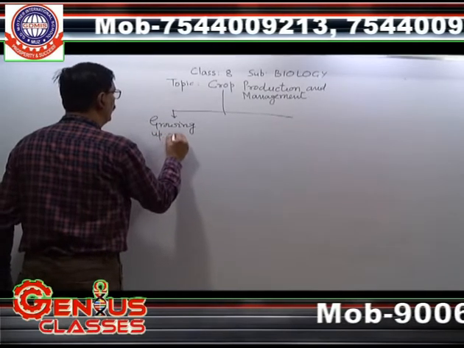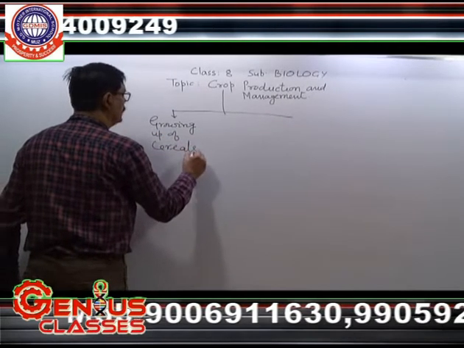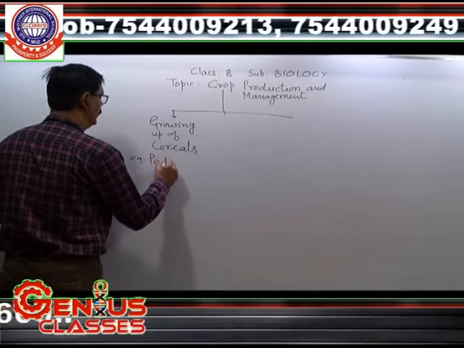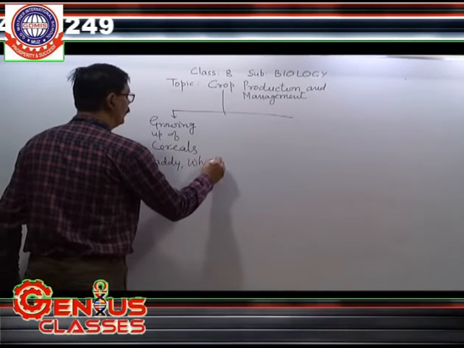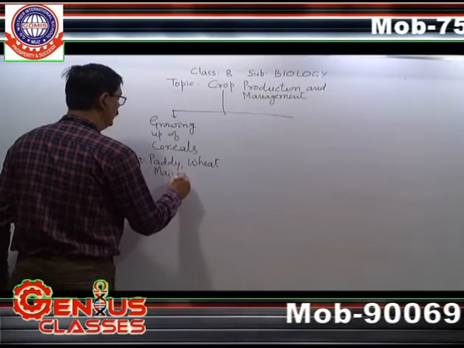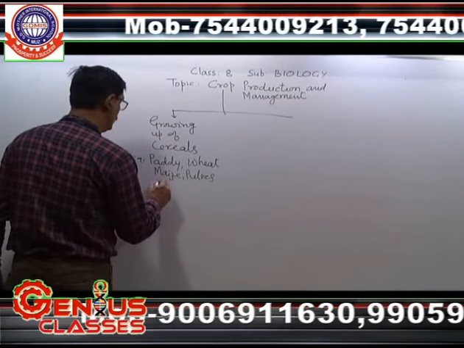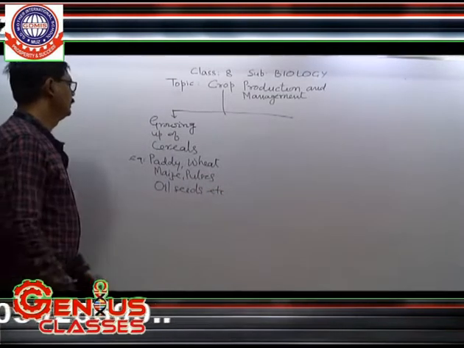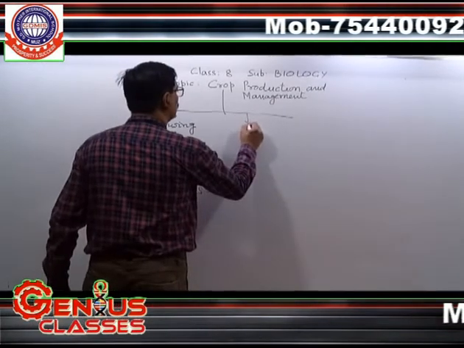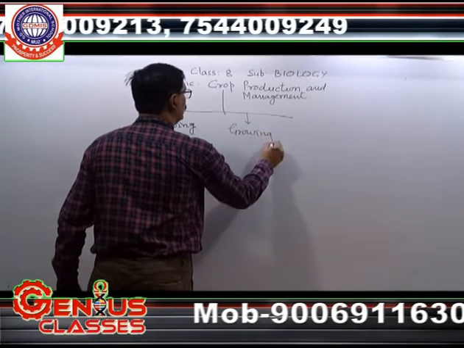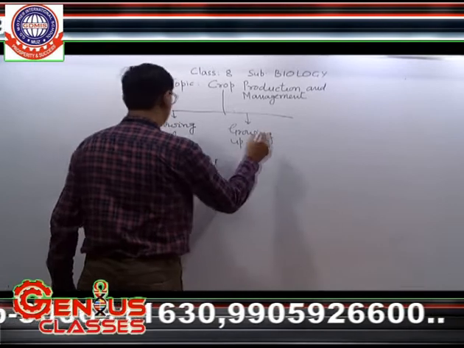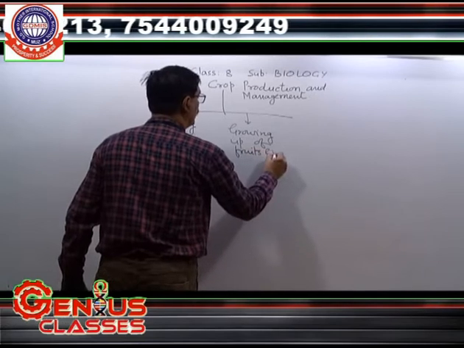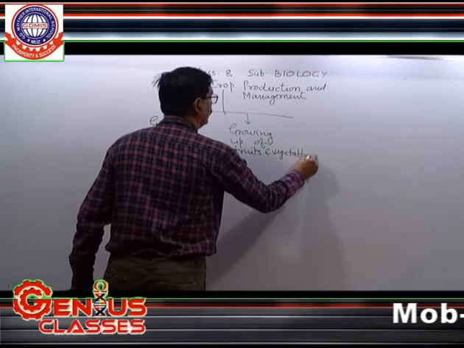growing up of cereals, for example, paddy, wheat, maize, pulses, oil seeds, etc. Thereafter, growing up of fruits and vegetables.